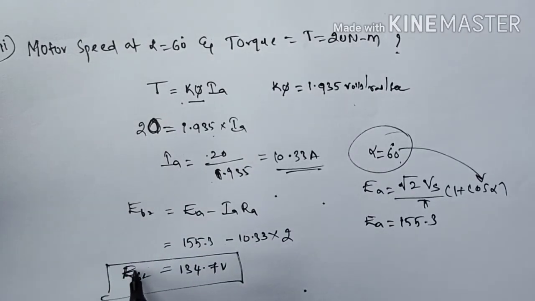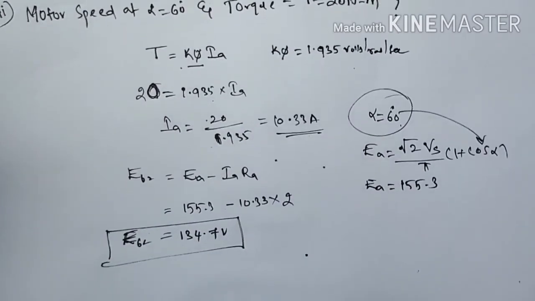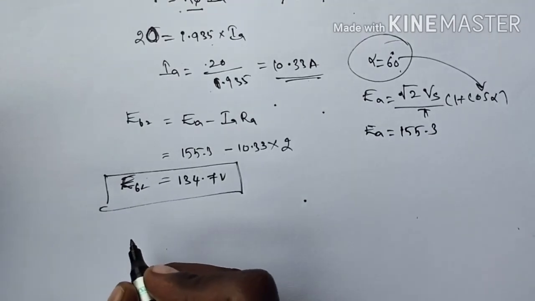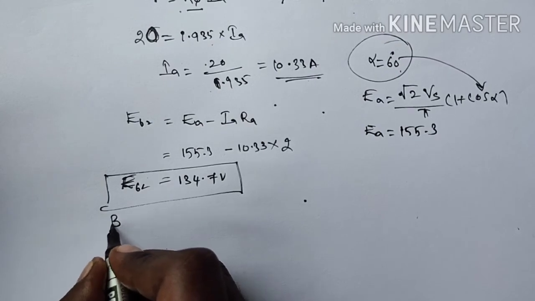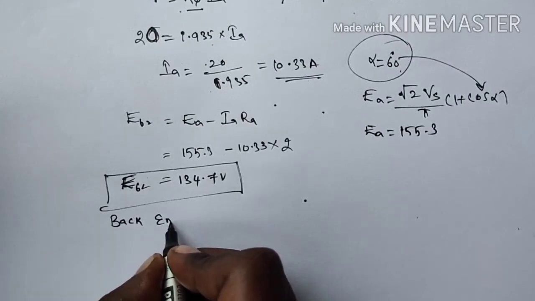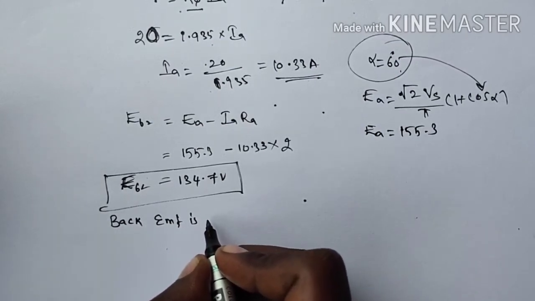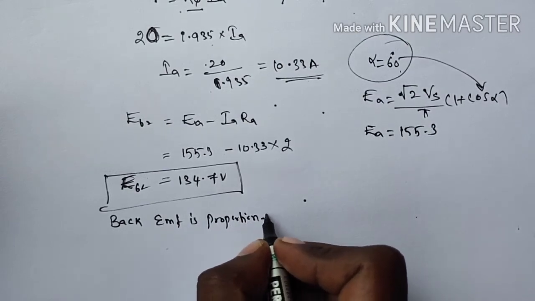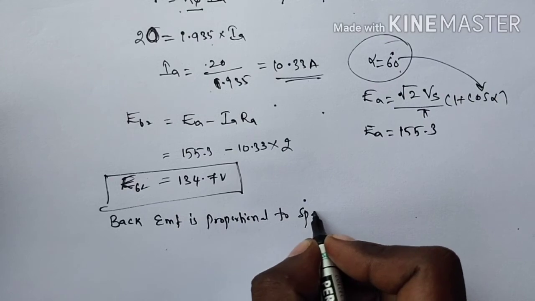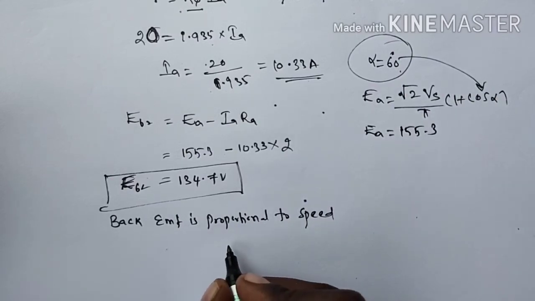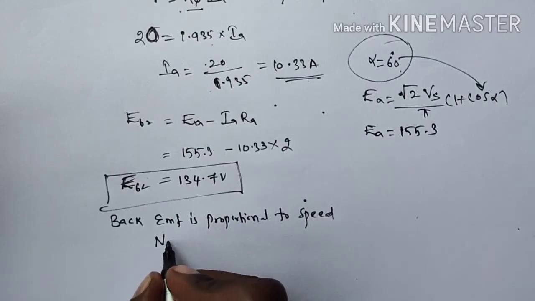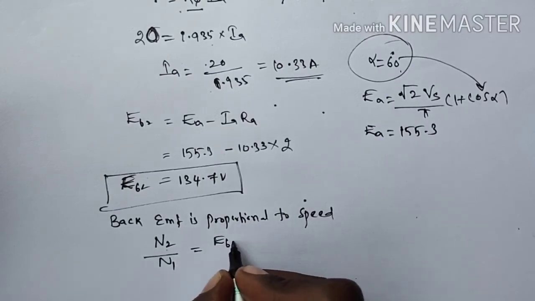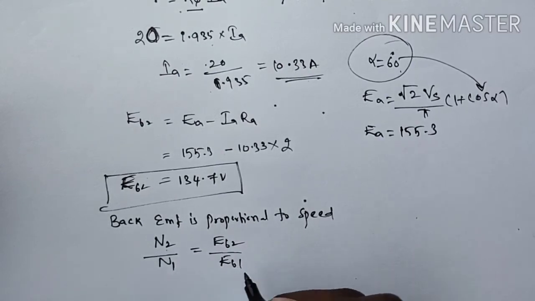So now you got EB2. You know that back EMF is proportional to the speed. That is, N2 by N1 is equal to EB2 by EB1.